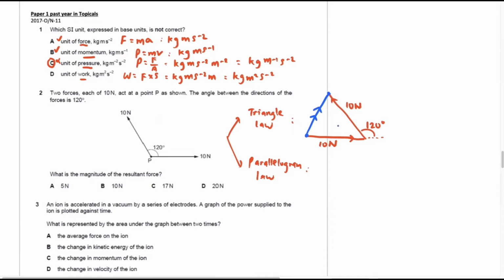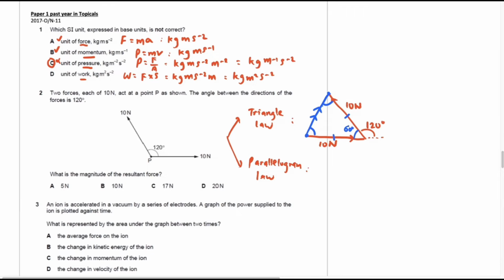And we can easily see that this is 60 degrees. These two are 10 Newton and hence equal in length. Equal in length means these two should have the same angle, the base angles of an isosceles triangle.